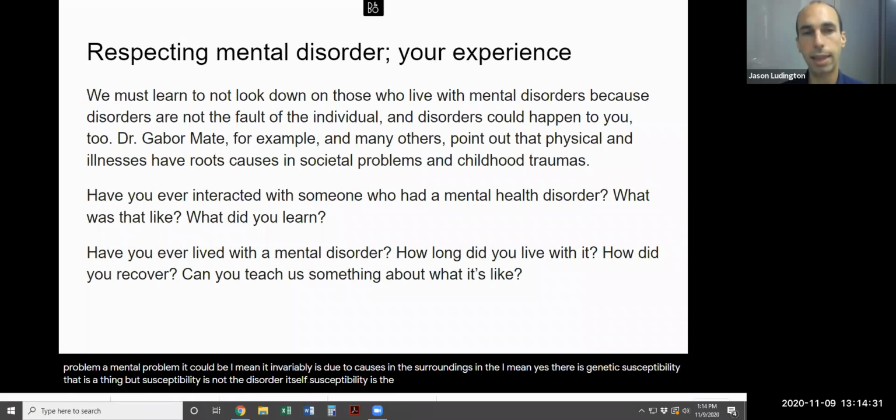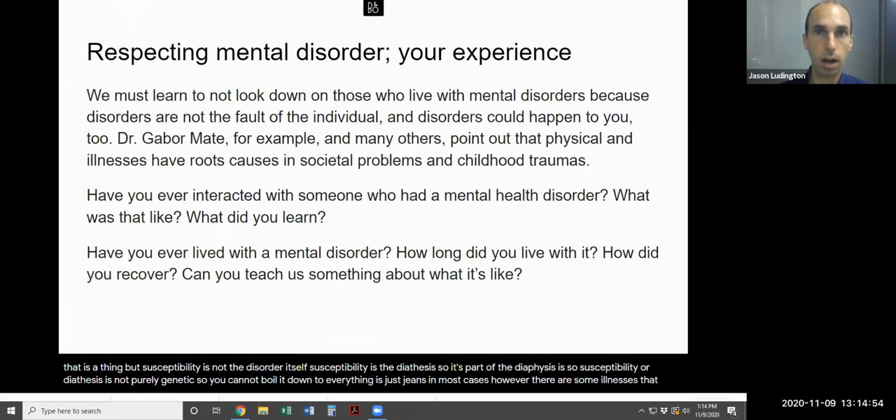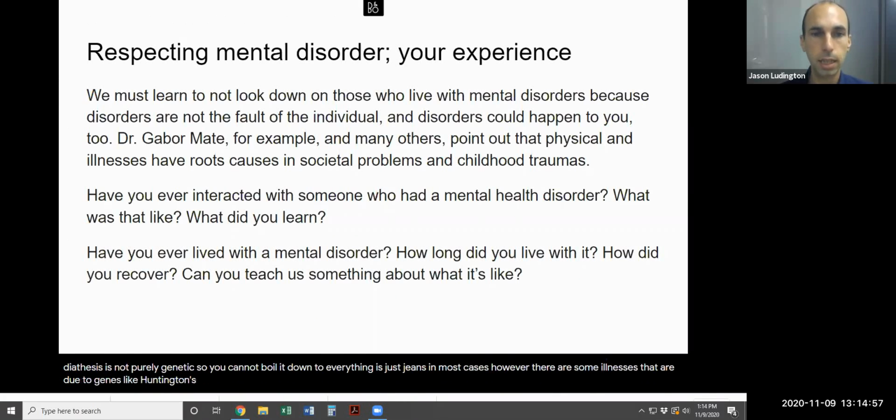Susceptibility is the diathesis, and the diathesis is not purely genetic. So you cannot boil it down to everything being just genes in most cases. However, there are some illnesses that are due to genes, like Huntington's disease, but the majority of illnesses have complex causes that are contextualized in society, in social context.